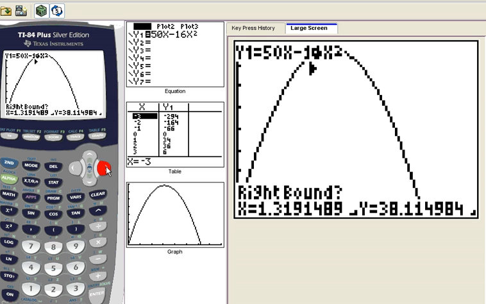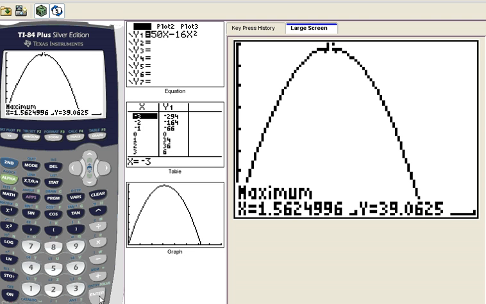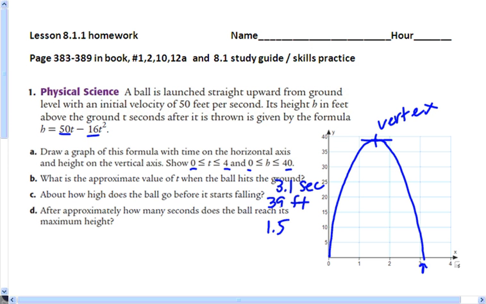Then it says right bound. You need to move it a little bit to the right of the maximum. Press enter, and then it'll guess the maximum between those two places you marked. So if we wanted to be a little more accurate, we could say about 1.56 seconds and about 39.1 feet. A little bit more accurate.